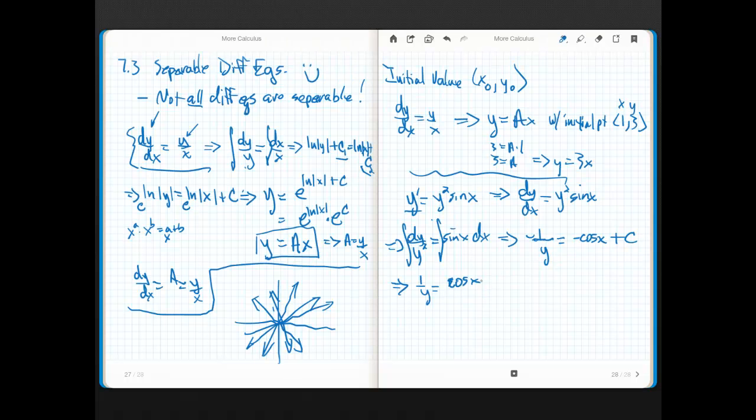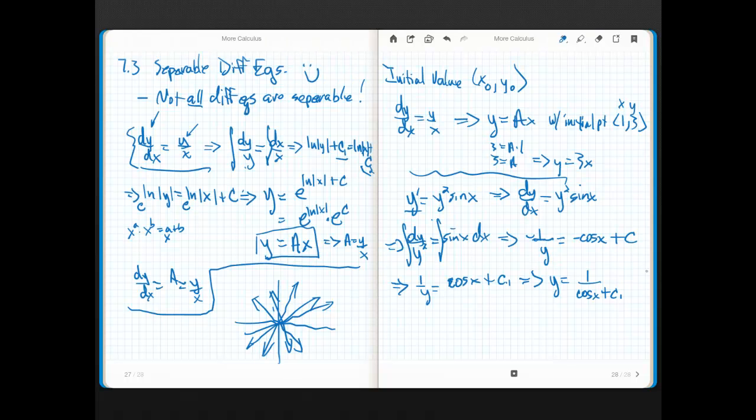Now, you could write minus c here, but if I divide or multiply by a negative, doesn't a c just still be a c? So I'm just going to go plus c1. c1 may be positive, it may be negative. I don't really care. In absence of an initial value, I can't solve for it. So I just stay efficient and just call it a new c. If 1 over y equals cos x plus c1, doesn't that imply that y equals 1 over cosine of x plus c1?